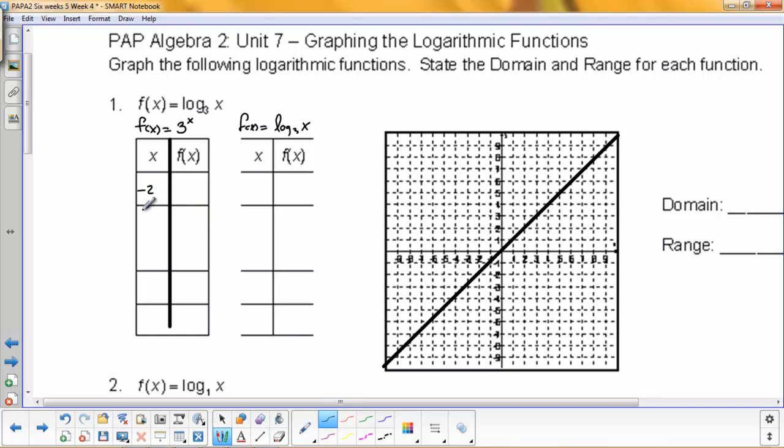So I'm going to do -2, -1, 0, 1, and 2. That's 1 over 9, 1 over 3, 1, 3, and 9. Switch your x and y values, and fill in your inverse table.